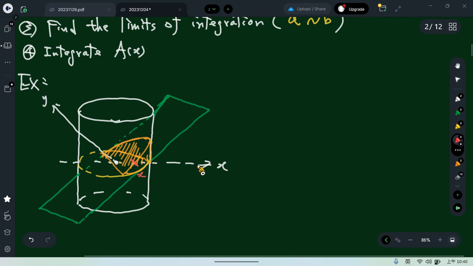When we just use a plane to cut, we can get, maybe I use a different color, different X here. We use different X to cut, then we can get this one.